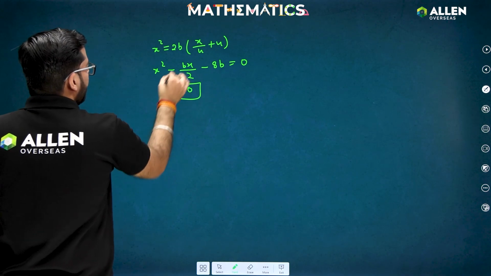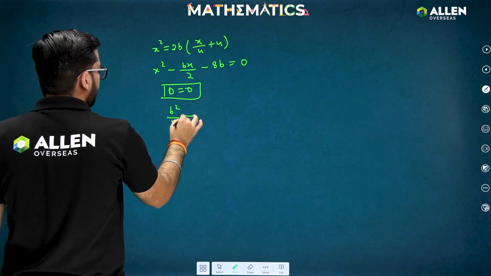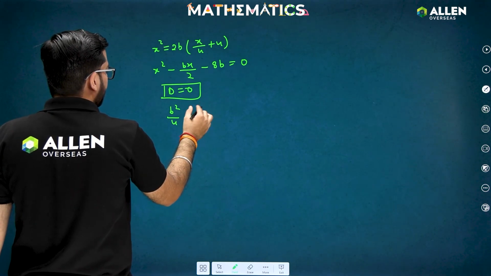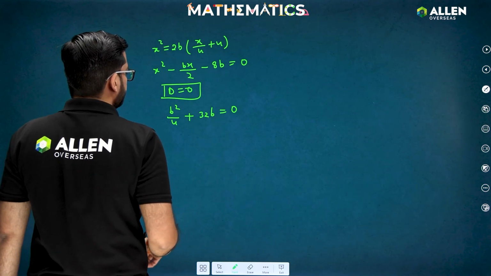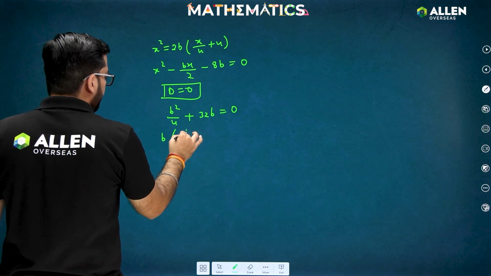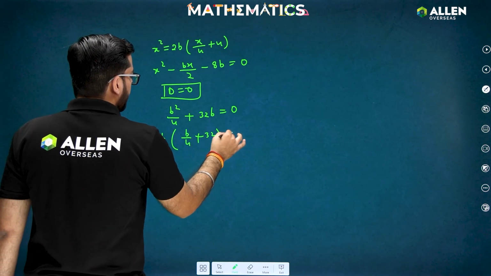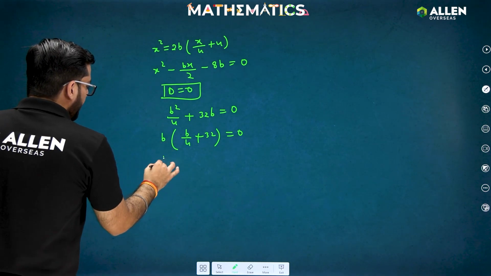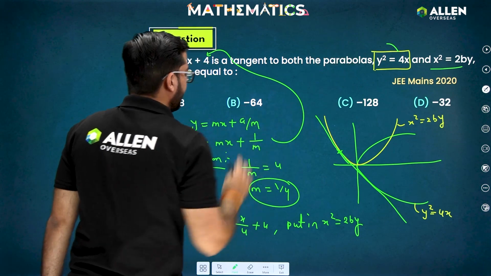That is b square upon 4 minus 4ac, minus minus plus 4ac, that is 32b, which should be equal to 0. So b you can pick common, then you will get b upon 4 and here you have 32, which is equal to 0. So b cannot be 0, because the parabola will not exist.